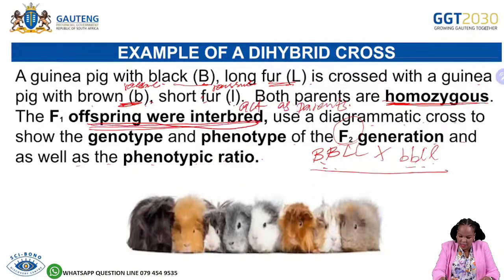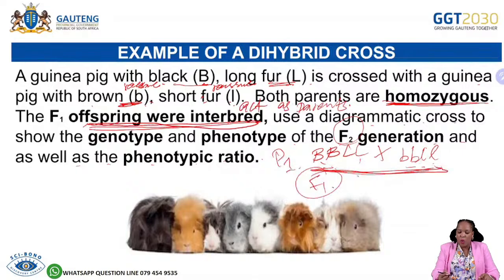You are crossing the product. Remember, you cannot have this because you want the product of this. This were the initial P1. But from this P1, you need to determine what? You need to determine our F1 first. And then our F1 is what we are going to work with to give us the phenotypic ratio and the genotypic ratio of the F2 generation.